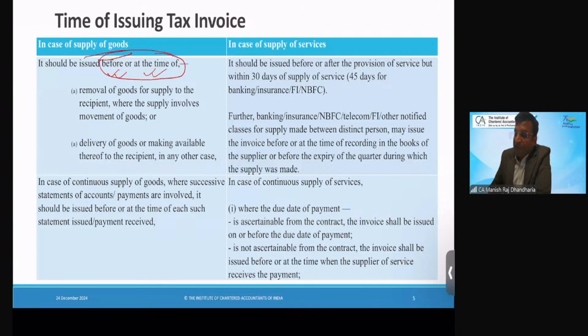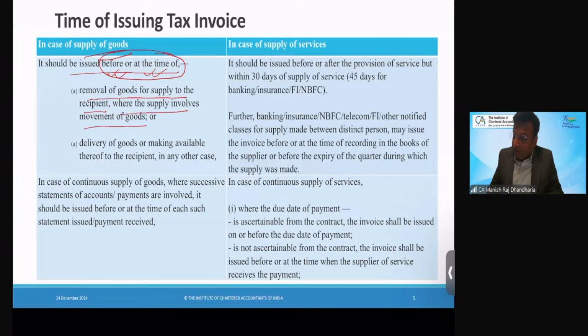It means we can read like that. Tax invoice should be issued before or at the time of delivery, before or at the time of removal of goods for supply to the recipient, where supply involves movement of goods. अगर मेरी तरफ से मूवमेंट होने का है तो उसके पहले मुझे टैक्स इनवॉइस इशू करना होगा.